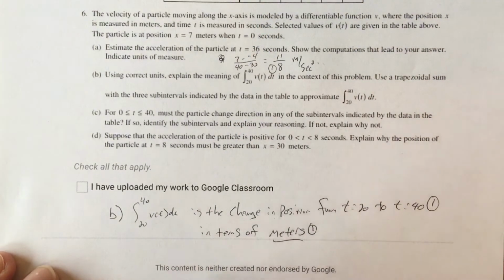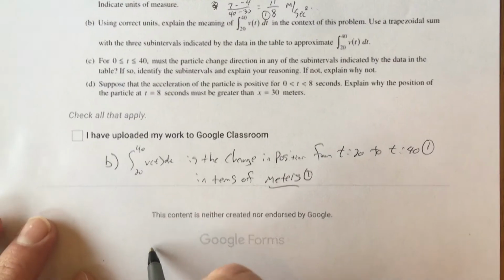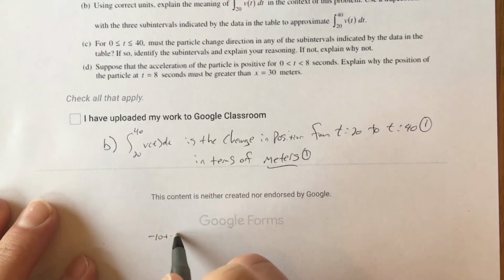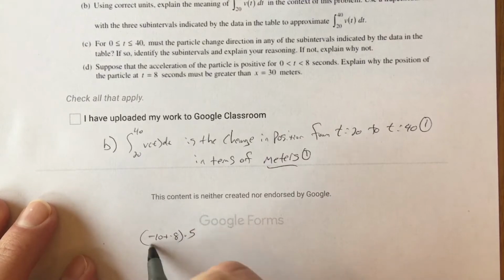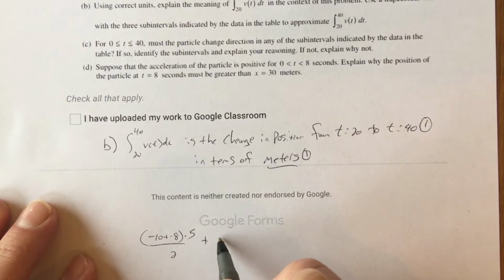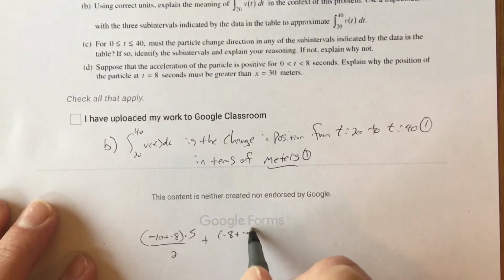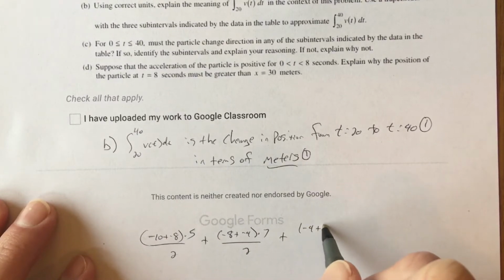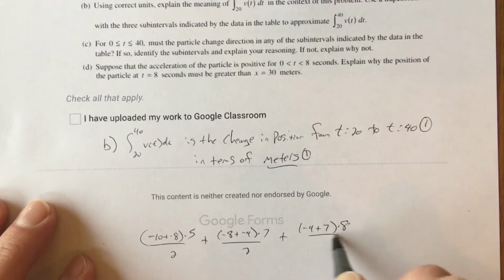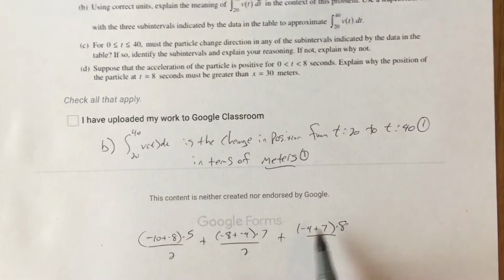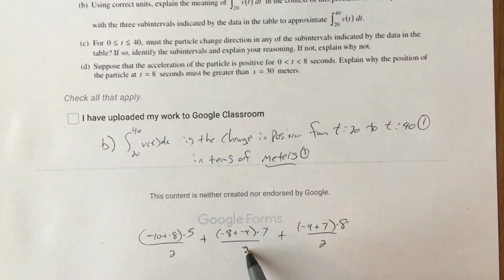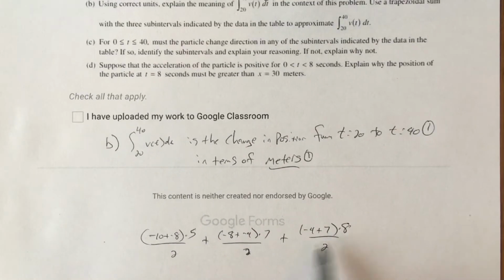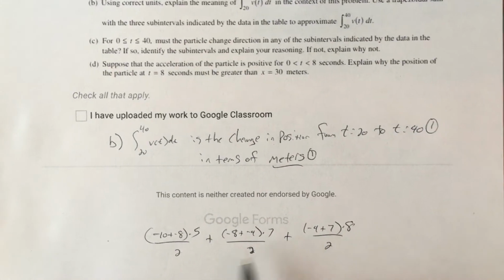So our approximation will be -10 plus -8 times 5 divided by 2, plus -8 plus -4 times 7 divided by 2, plus -4 plus 7 times 8 divided by 2. Now it's weird that it goes from negative to positive. If you graph that, it doesn't necessarily look like a trapezoid, but this does hold for that right there.